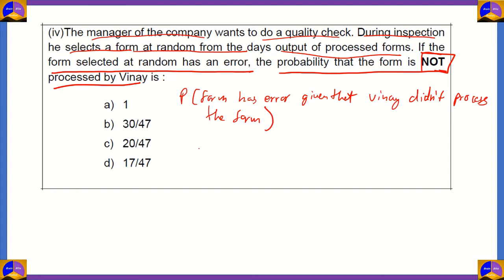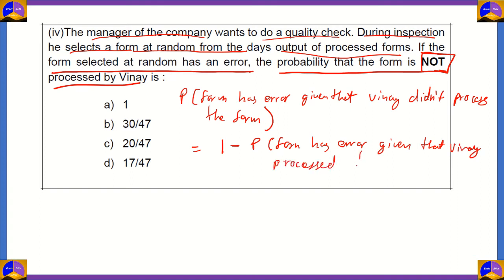In order to find out this probability, what we do is we subtract the probability that the form has error given that Vinay processed the form from the total, which is 1. So 1 minus P of form has error given that Vinay processed the form. Basically, this is 1 minus P of A given E.